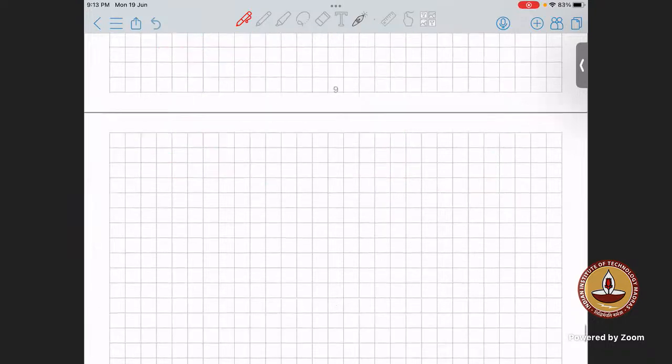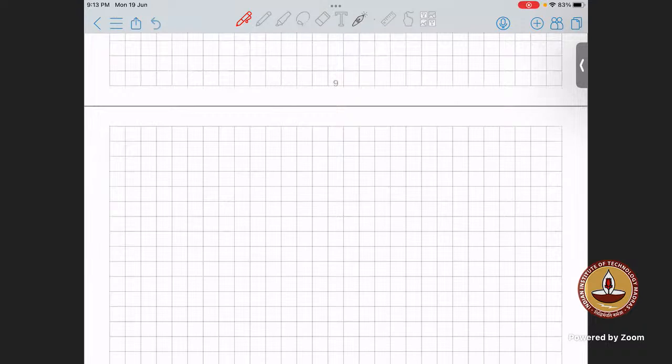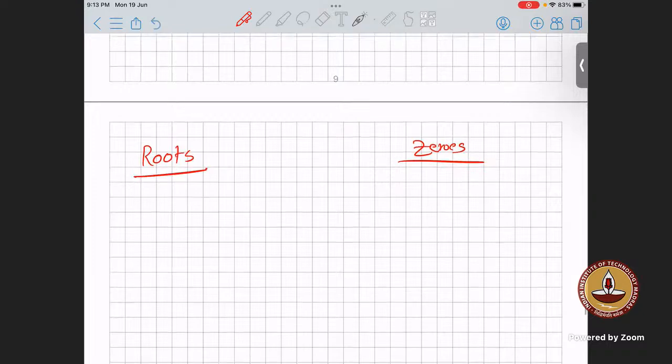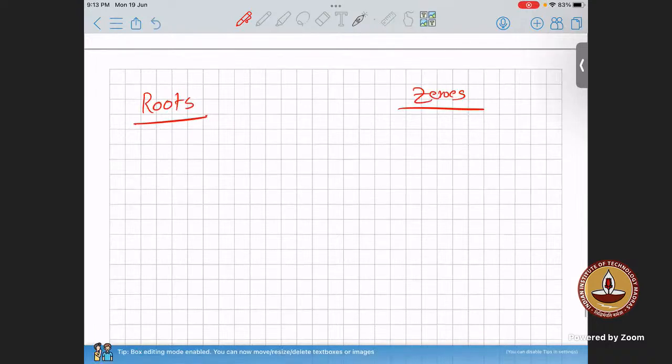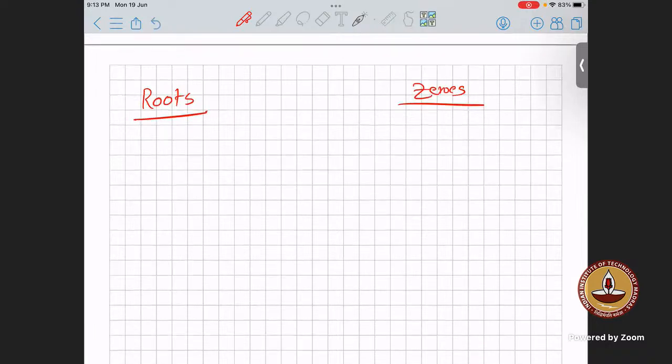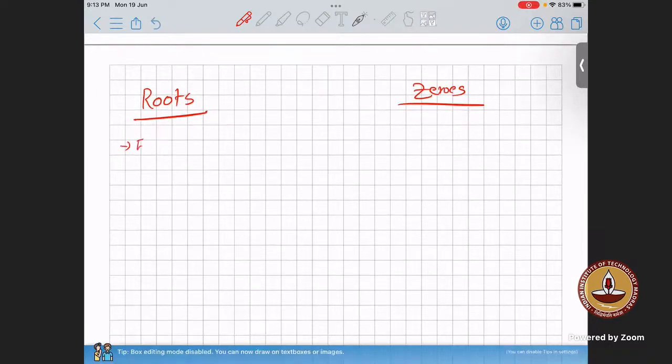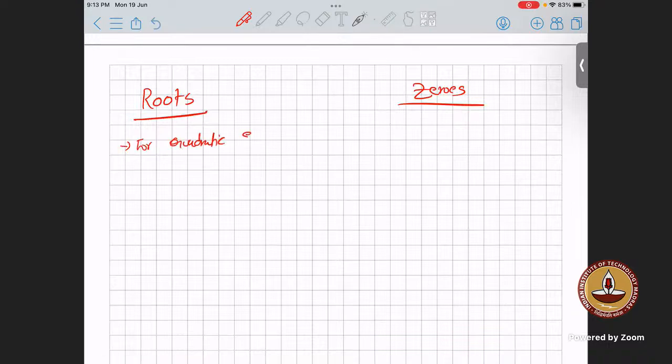So there are two terms, roots and zeros. When will you use the word roots and when the word zeros? Both are nearly the same. Roots are for quadratic equations, and zeros are for quadratic functions.